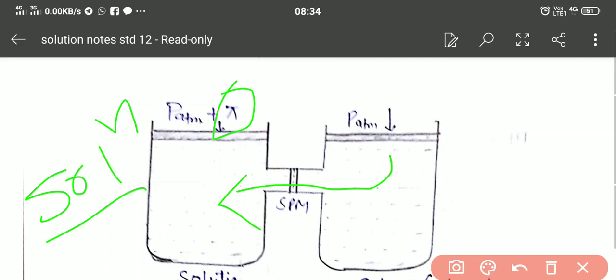This extra pressure is known as osmotic pressure. So what is osmotic pressure? Osmotic pressure is the pressure applied on the solution side to stop the movement of solvent molecules that move from lower concentration to higher concentration, meaning to stop the movement of solvent we apply pressure on the solution side, the higher concentration side. This is known as osmotic pressure.